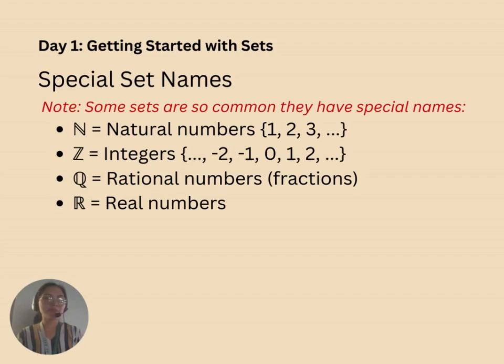Next symbol is the integers. Integers are the numbers with positive and negative. Then rational numbers, those are the fractions, and real numbers. Those are the special set names. Most of the time, you will also encounter this symbol. If you already know this, you can easily understand what this symbol is all about.